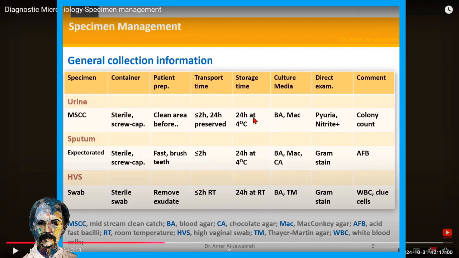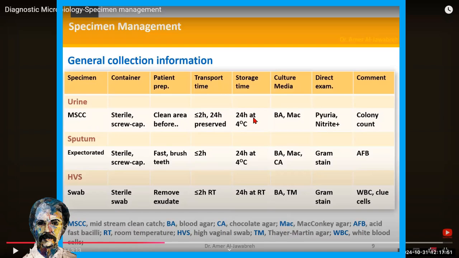And Gram stain is very important. Why? Because of the Gram stain from the sputum directly. Before I can accept or reject the culture, I have to do what? Gram stain.